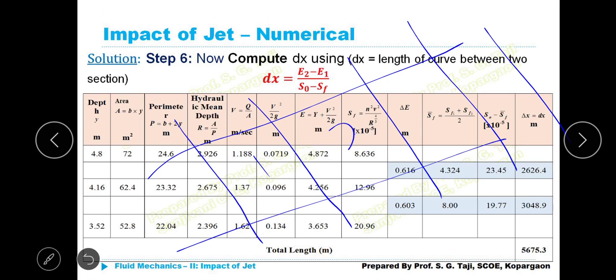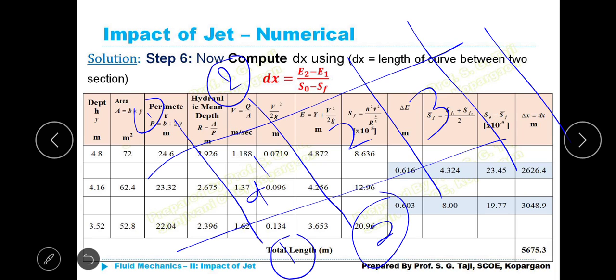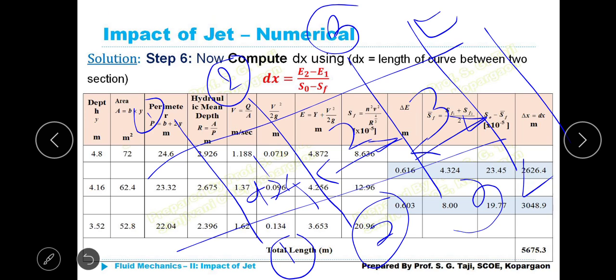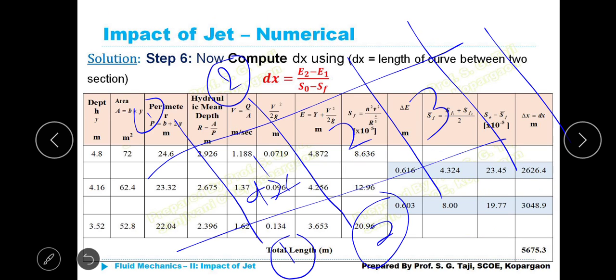Between section 1-1 and section 2-2, let us take dx1, then dx2, then lastly dx3. So dx3 will be between section 3-3 and 4-4. So it depends.